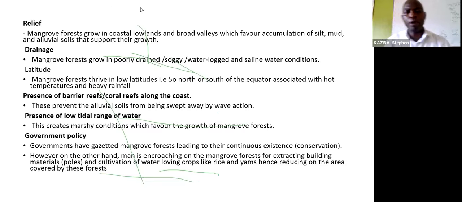Now, let me comment about vegetation on altitude. When they say vegetation on altitude, that means you get a mountain. Of course, you define natural vegetation. Then you draw a diagram of a mountain and show the height. You begin with the savanna: dry grassland, woodland.